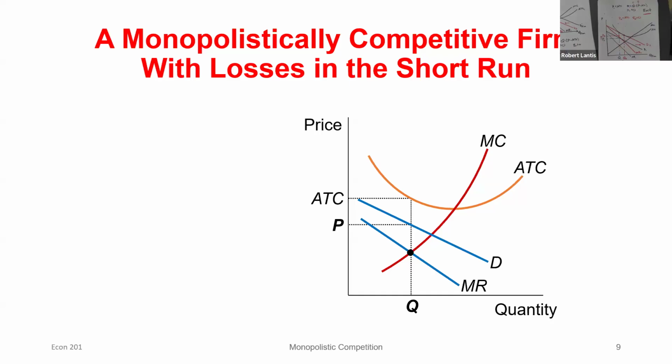When profits were positive, the price we were setting was above our marginal cost. When profits are zero, price is still above our marginal cost. So it doesn't matter what the value of profits are in these monopolistic competitive markets, we're always going to have a markup. Price will always be above marginal cost. So if you've somehow identified a point and that's not true, you know you did something wrong. We should always have a markup in these models.